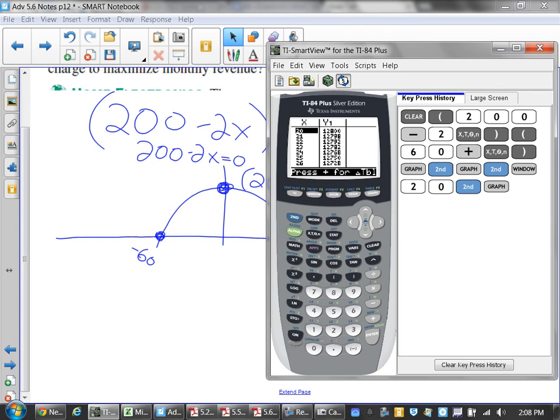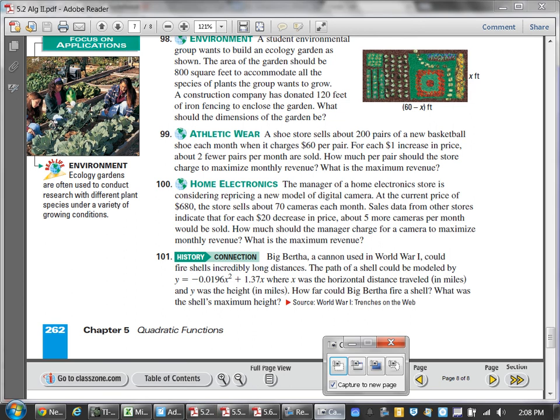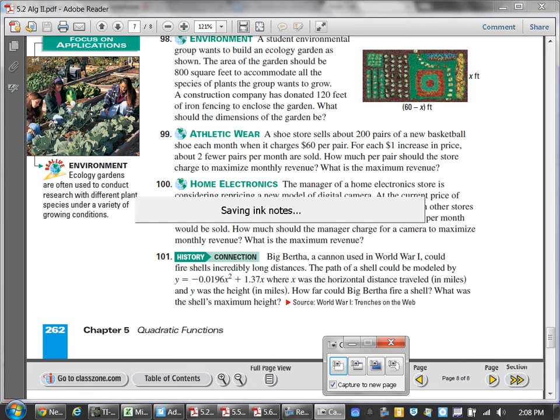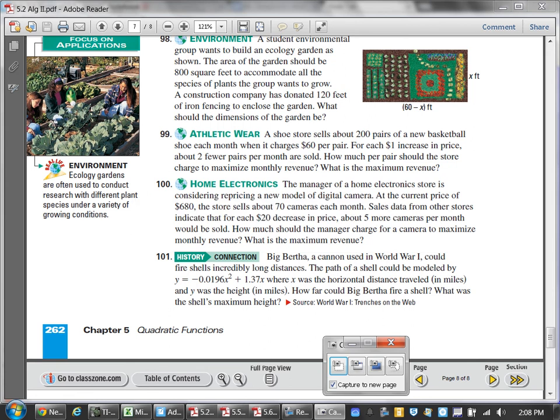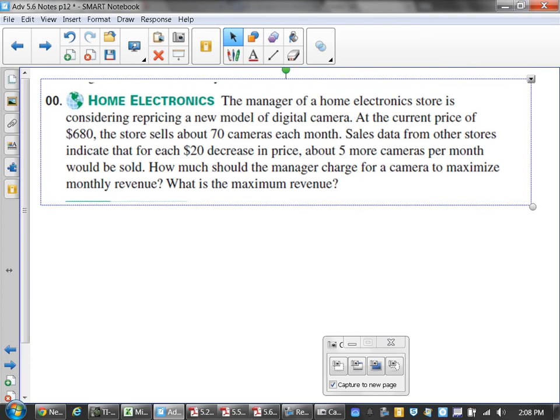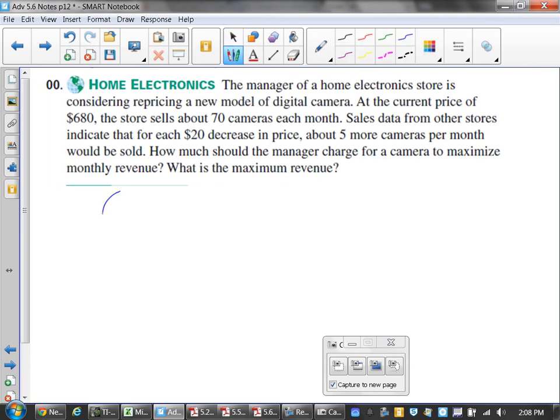Okay. It's the same thing with the next one. We were talking about cameras. When you're looking at cameras, you've got a sale price of $680 and you're selling 70 of them. For each decrease in price, you sell more. So if your sale price was the 680, you're selling 70 of them.